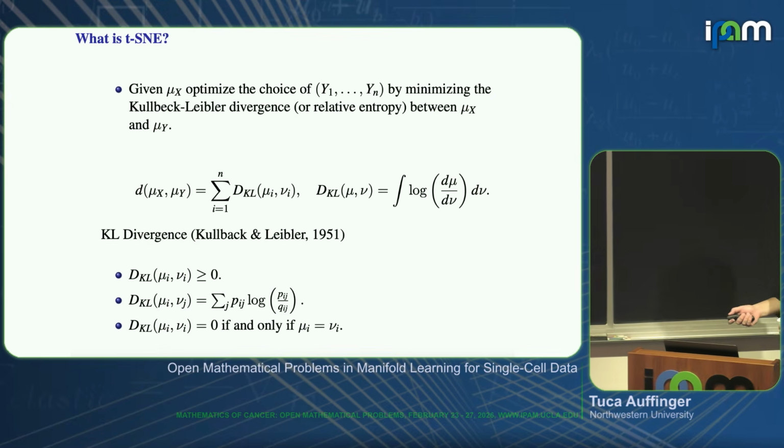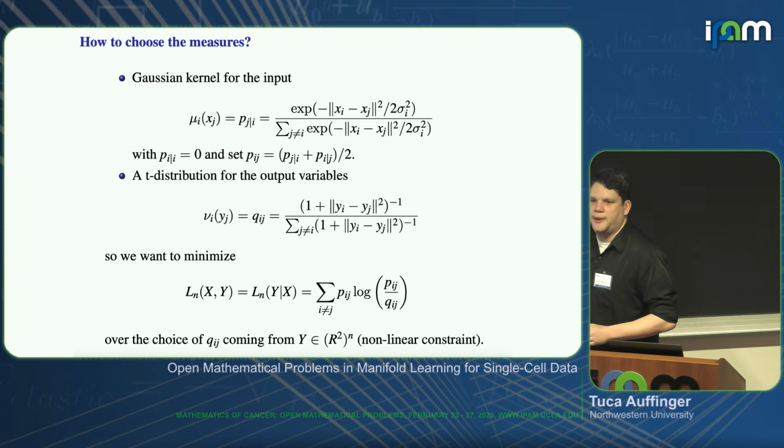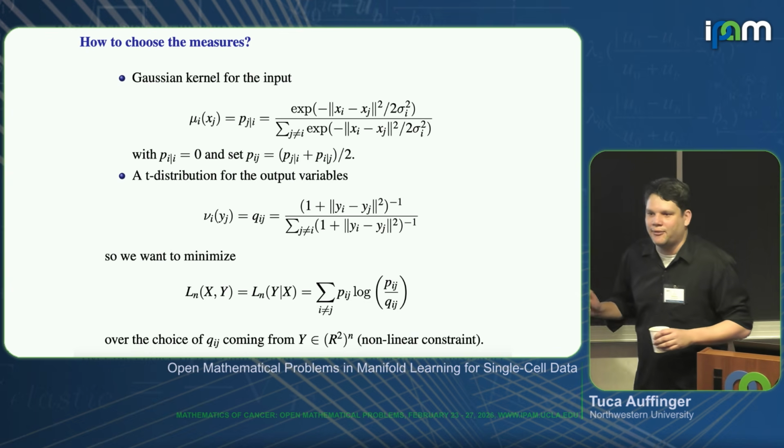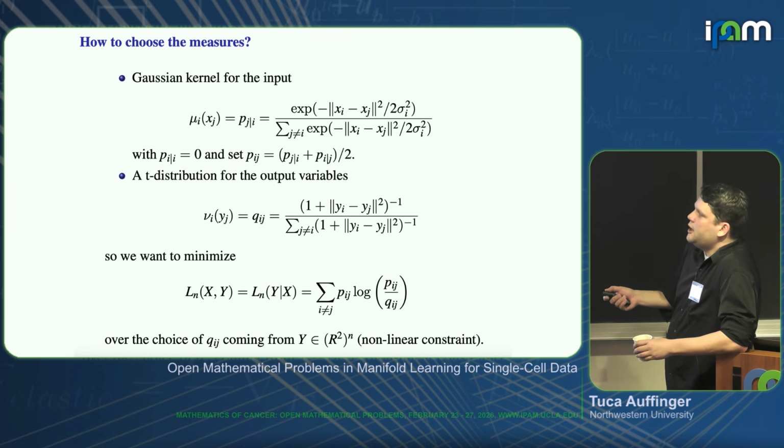So now I need to tell you how to construct these measures. And this is the most technical slide that I have, so don't panic. This is the input, what you're going to do, and this is the really important part. You're going to use Gaussians, fine. But there is a term that I'll come back to: how to normalize each of these Gaussians.